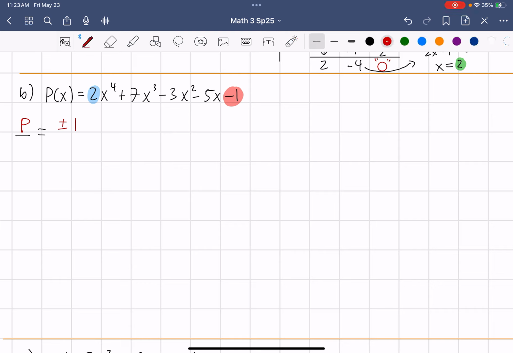And for Q, our factors are plus or minus 1 and plus or minus 2. This is going to make a nice short list. Remember, I take every factor in the numerator divided by each factor in the denominator. So 1 divided by 1 is 1, and then 1 divided by 2 is 1/2.